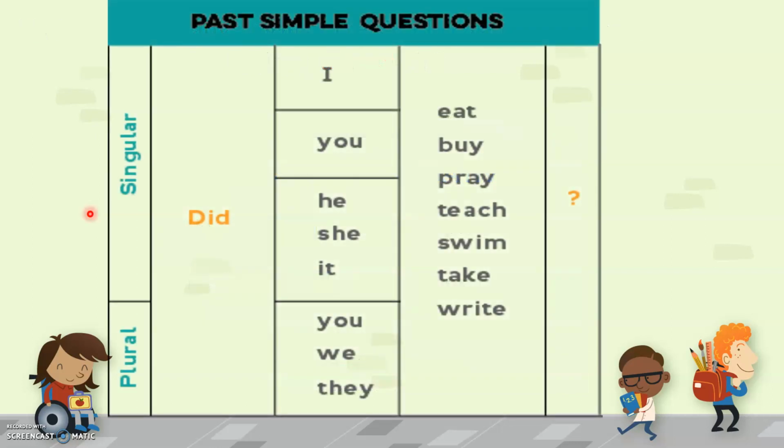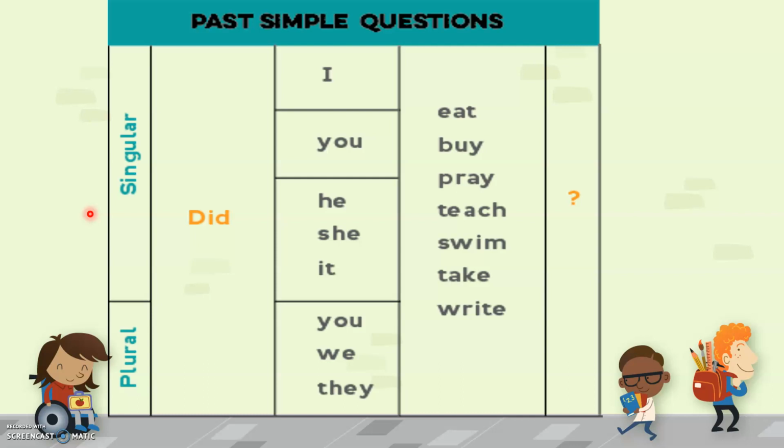Now, in order to make the yes or no questions, if you remember, in English we have two kinds of questions. The first one, which we were talking about also in the simple present tense, is the yes or no questions.